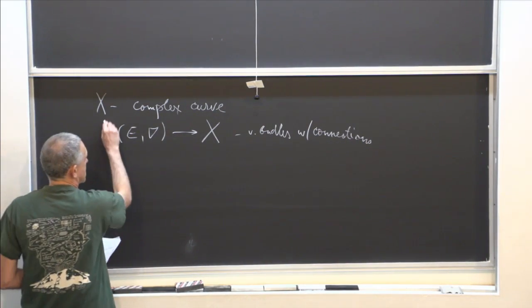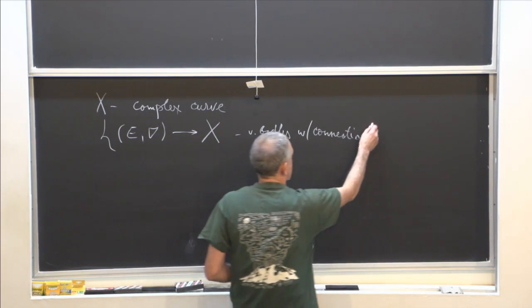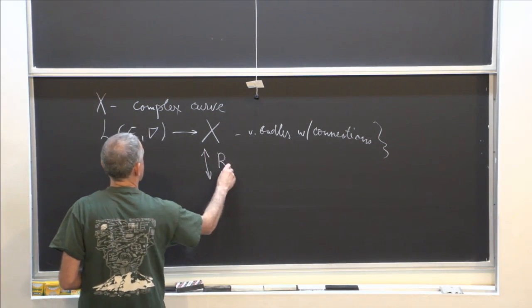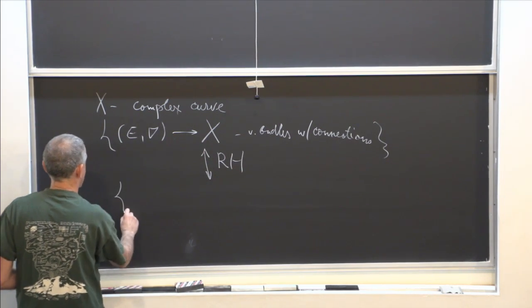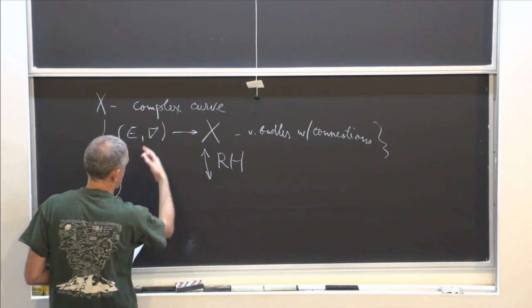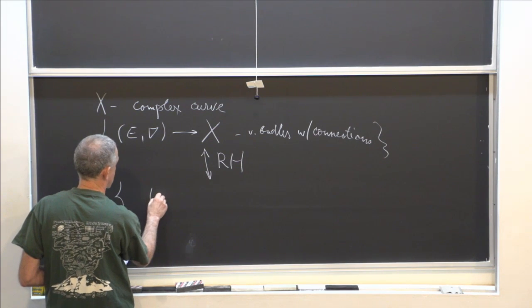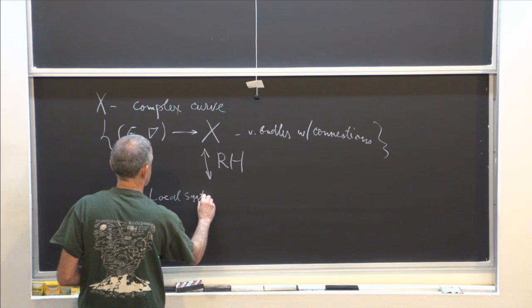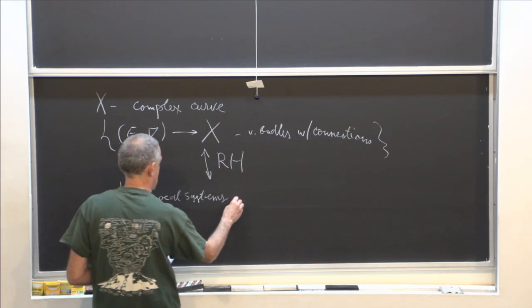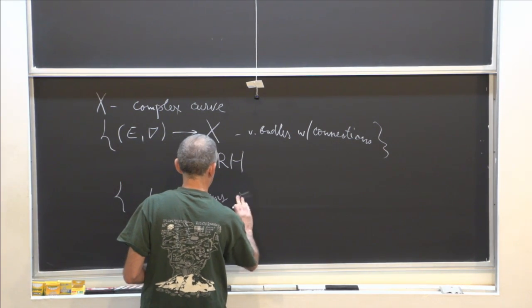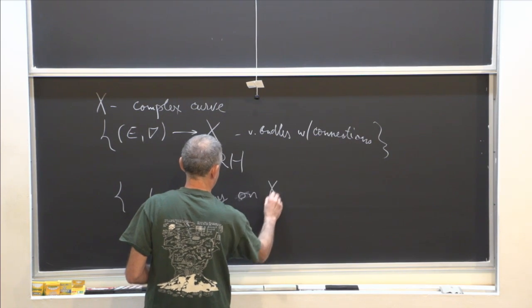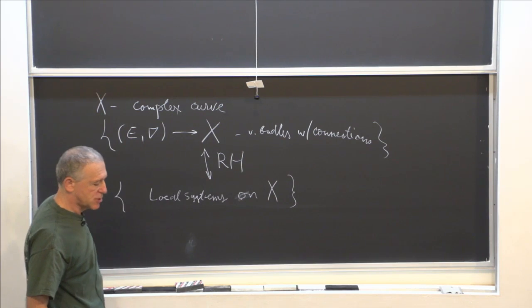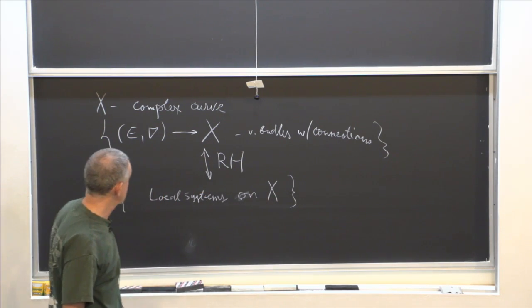So then the Riemann-Hilbert correspondence roughly establishes an equivalence of this category with the category of local systems on X. So we can add some additional data as well.